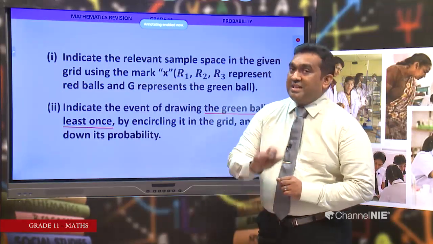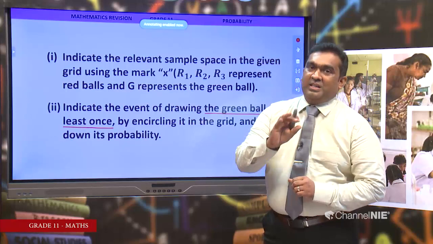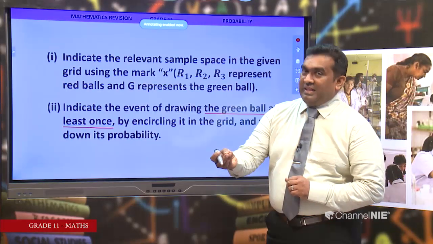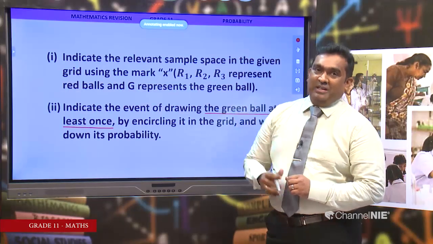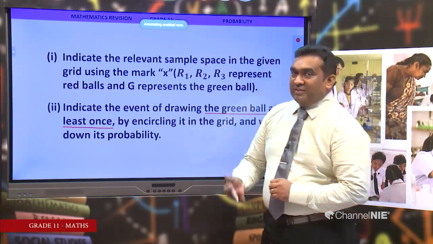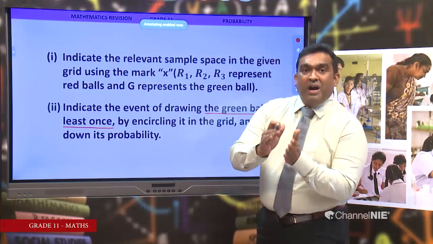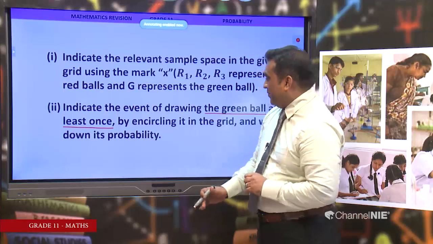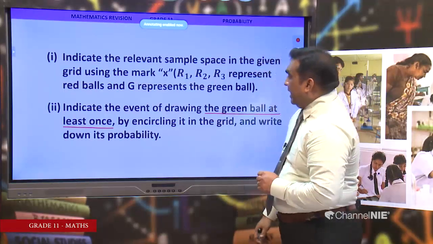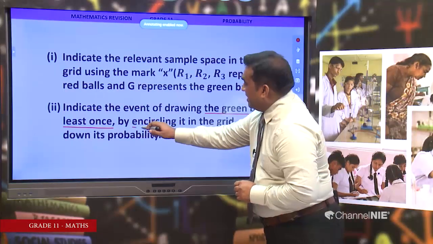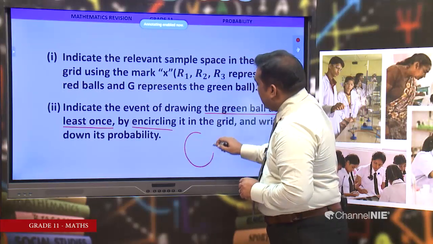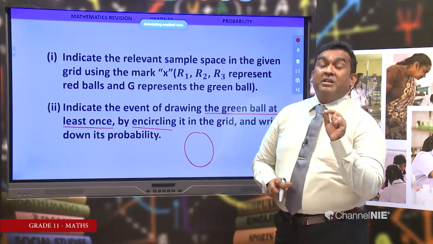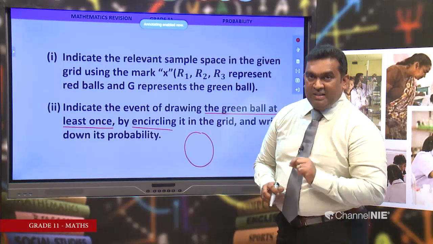There is a condition: at least once means one or more, including 1, 2, 3, 4, 5 like that. By encircling, you have to indicate the relevant event as a closed plane figure.